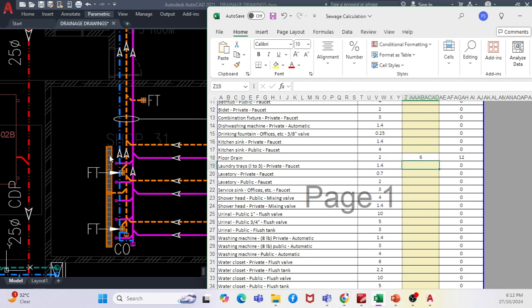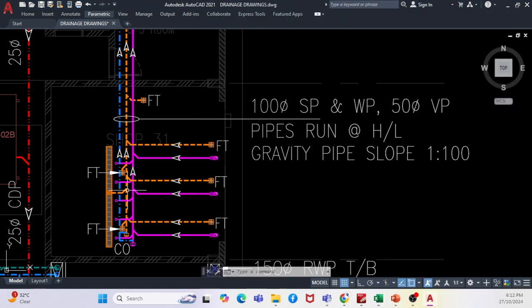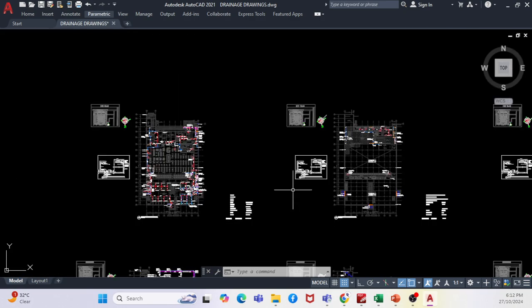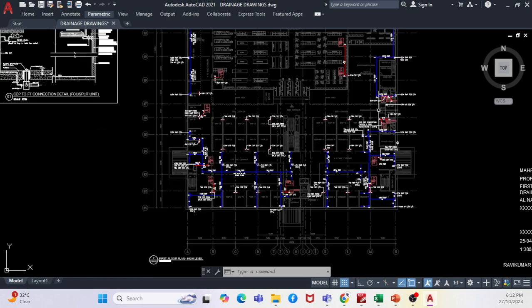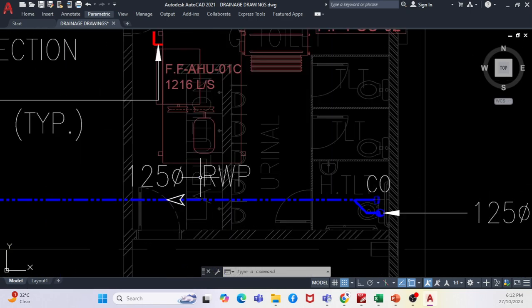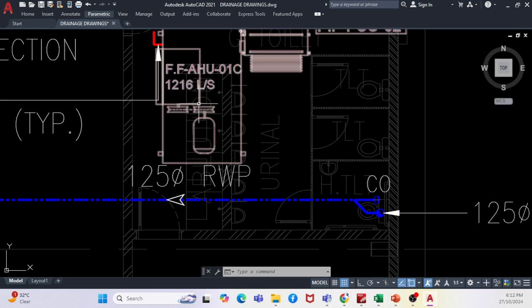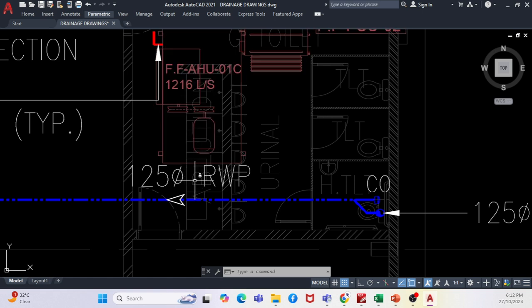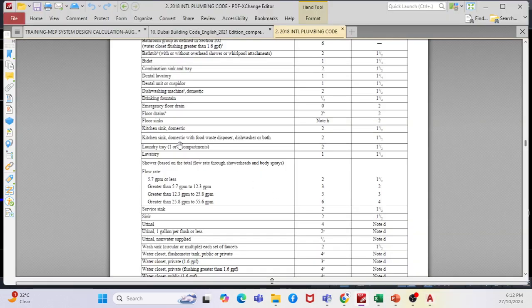Then I have here the ablution area. If I go to the plan, I can see how many ablution areas there are: 1, 2, 3, 4. 4 ablution areas, right? So if I go to my IPC code, can I consider that it is a sink, or a service sink?